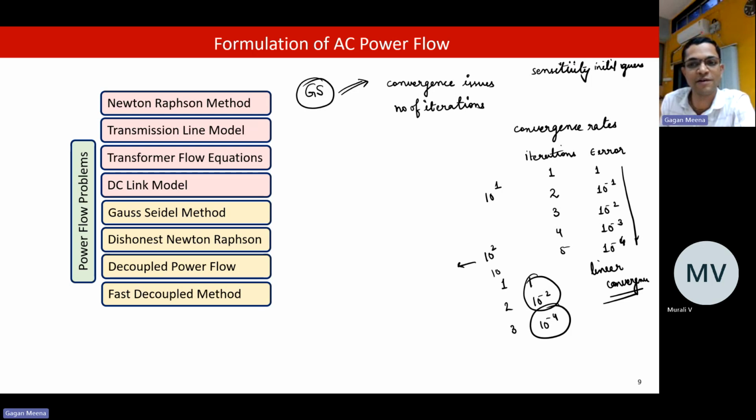Then if it is 10 to the power 3, it is cubic, but generally we don't have any algorithm that gives us a cubic convergence rate. But we have algorithms which give us quadratic convergence rate, and Newton-Raphson is one of them. That is why Newton-Raphson convergence is very fast compared to Gauss-Seidel.